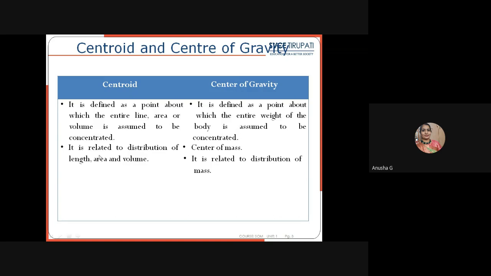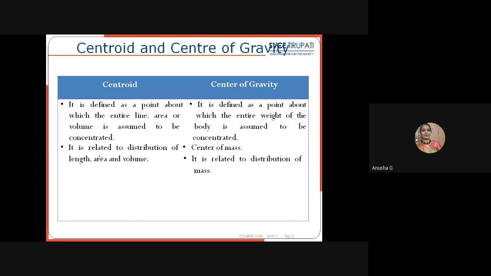If you are taking a square shaped paper, the centroid will be a different condition. If you are taking a triangle paper, the centroid will be where the lines meet at one point; that point is the centroid. Similarly, if you are taking a 10 kg book, the center of gravity will be at the center of the mass.